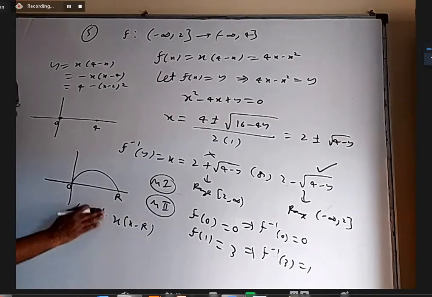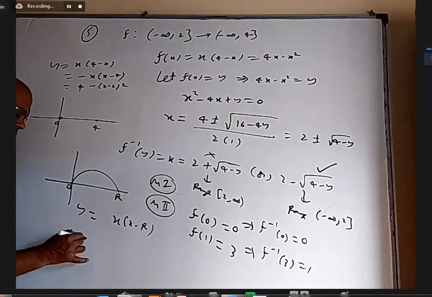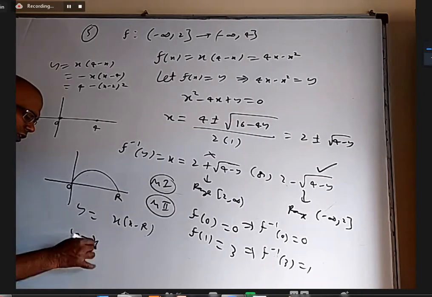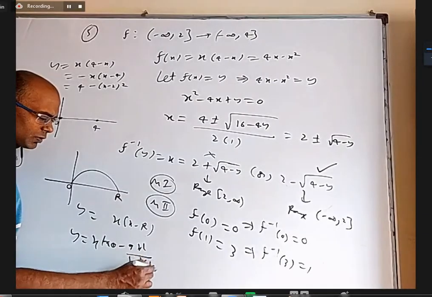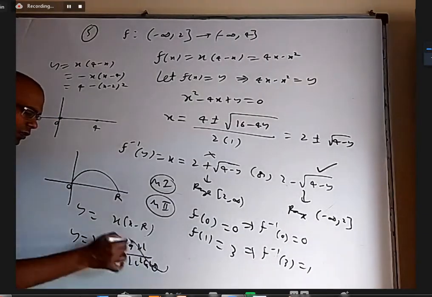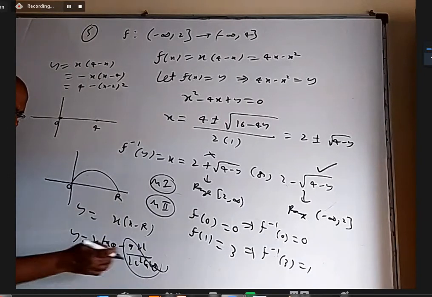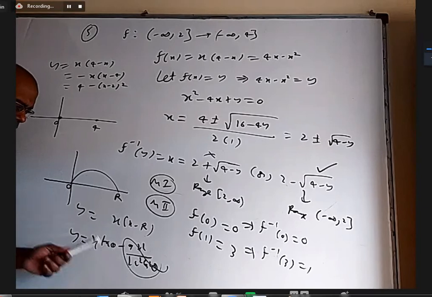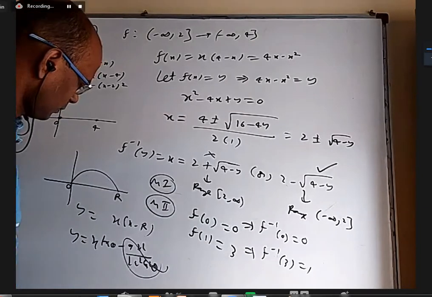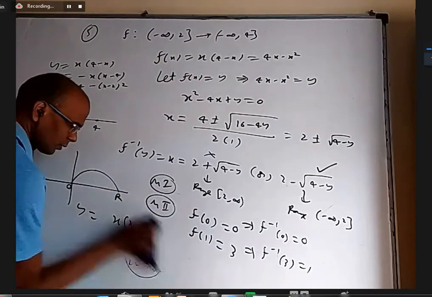I think this k will be tan theta. No, not tan theta. What is your general equation of a projectile? y equals x tan theta minus g x square by 2 u square cos square theta. So I have to use that for the horizontal range and all. Okay, this is not tan theta, something else. The x coefficient is tan theta. It's okay.